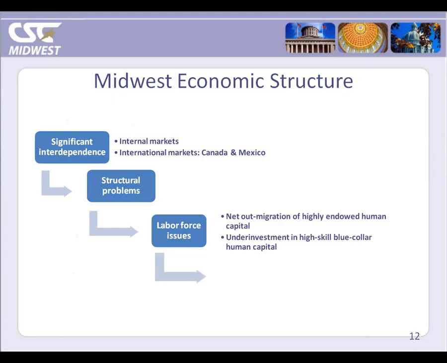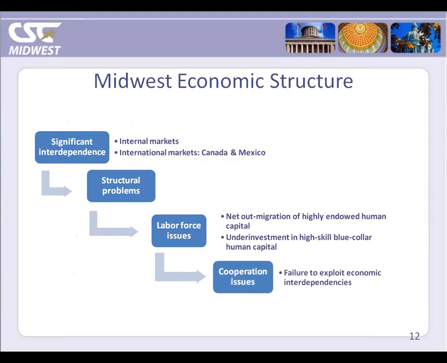In particular, as we focus on one of those structural problems, labor force, we have enormous issues of net out-migration, particularly of highly endowed human capital. We train a lot of very highly skilled people in the Midwest, but many of them leave. And at the same time, over the last 2 or 3 decades, we've had a significant underinvestment in high-skilled, blue-collar human capital. We have not trained enough people to staff the needs that we find in our manufacturing economies.